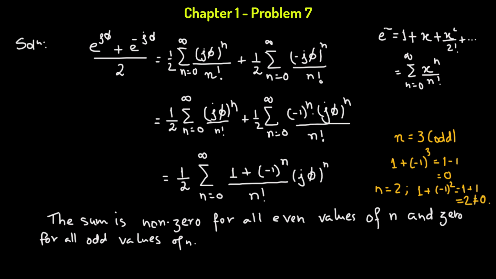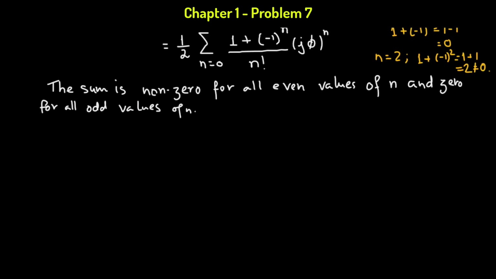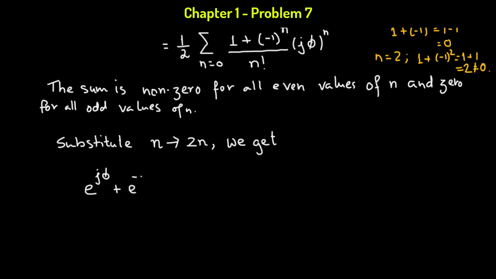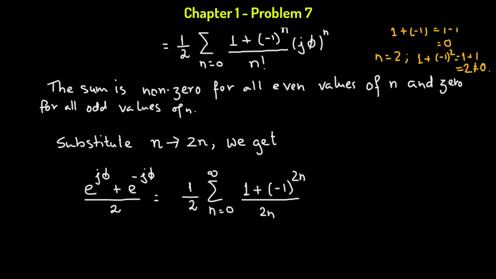which is a non-zero number. Since the sum is non-zero for all even values, now substitute n with 2n because it's an even value. So we get e raised to the power of j phi plus e raised to the power of negative j phi, over 2, will then be equal to half of summation n going from 0 to infinity of [1 plus (negative 1) raised to the power of 2n] divided by 2n factorial times (j phi) raised to the power of 2n.